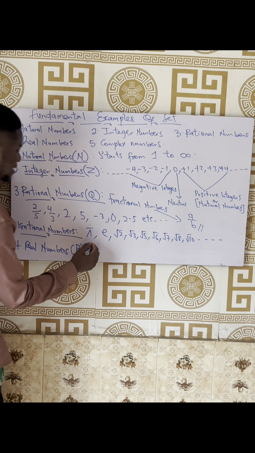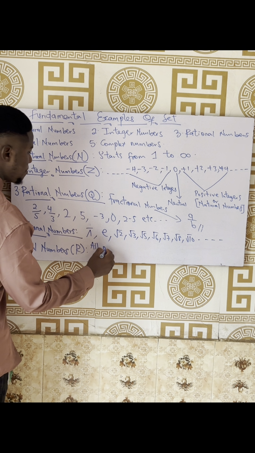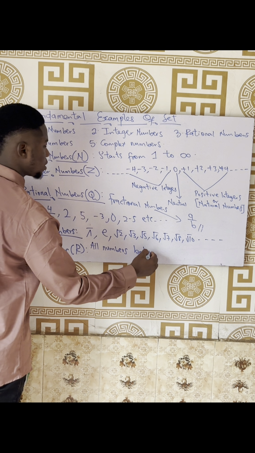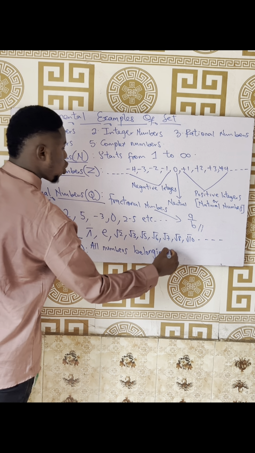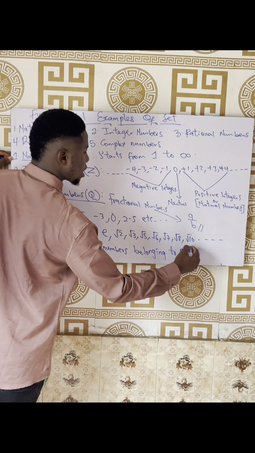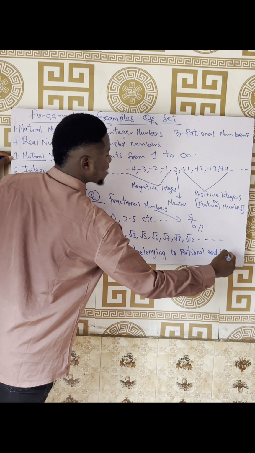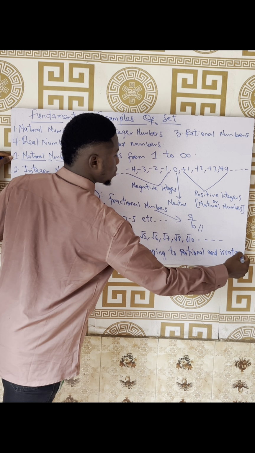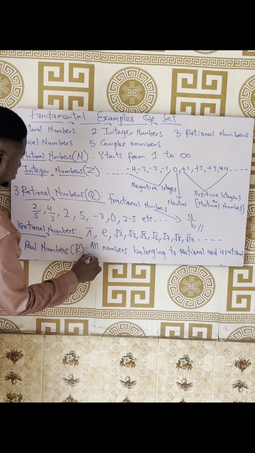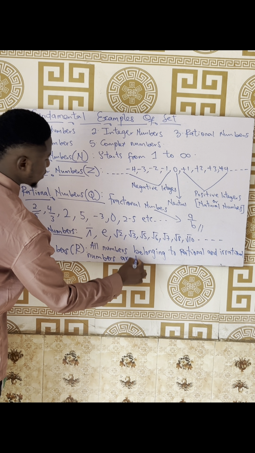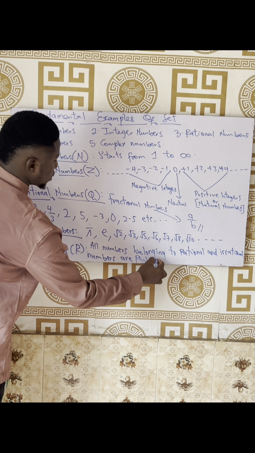So we can say that all numbers belonging to rational and irrational numbers are real numbers.